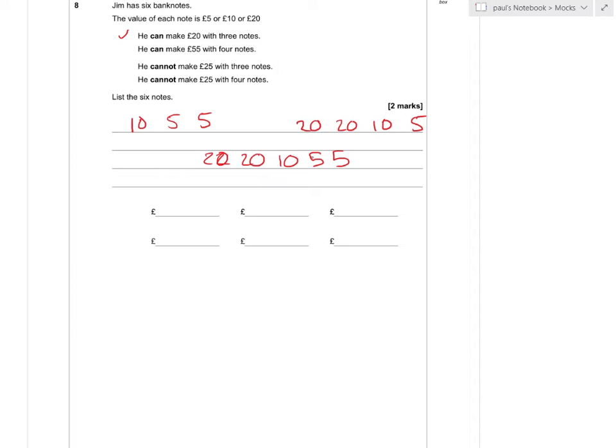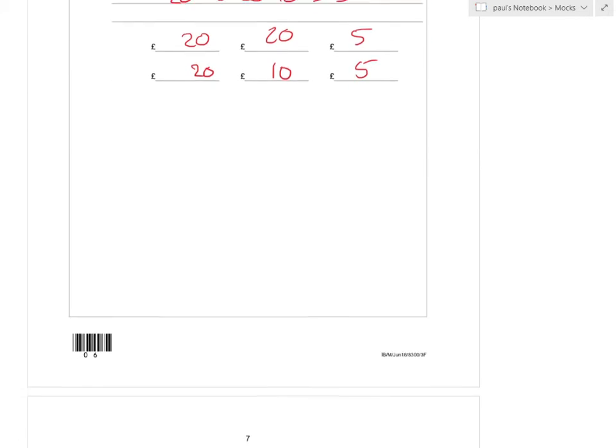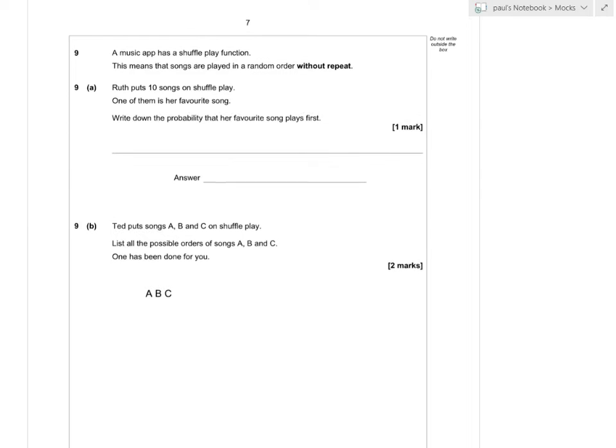He cannot make £25 with 4 notes. So not a 5, so he must have another £20. Oh, this is complicated. So it's 20, 20, 20, 10, 5, and 5. Yeah. A bit of a complicated one.